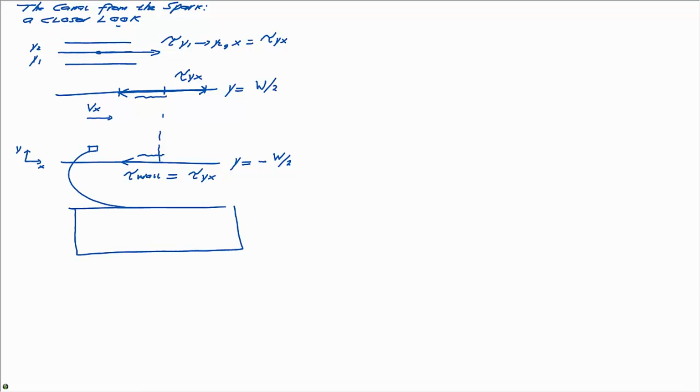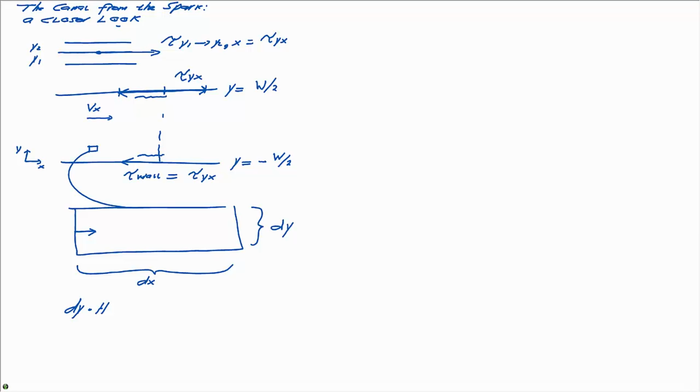Then this tiny fluid element has length dx and width dy. Then the first force I recognize is the pressure acting on this surface, which is dy times h. And with h, I mean a unit of depth of the canal.